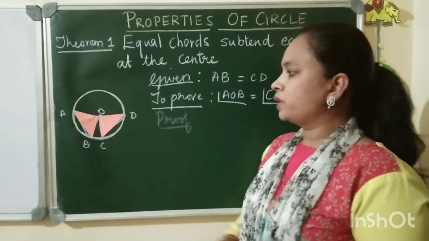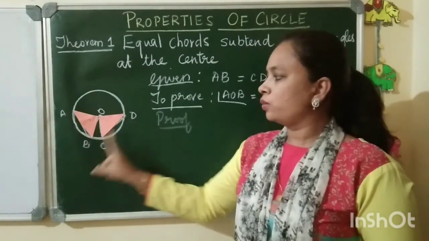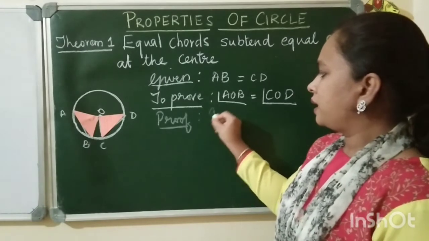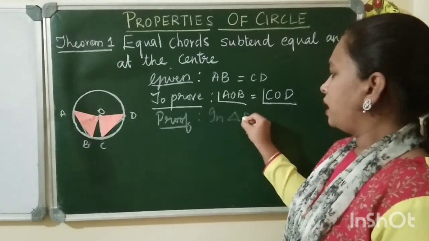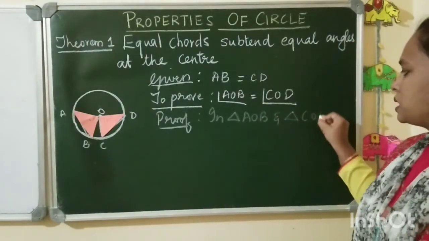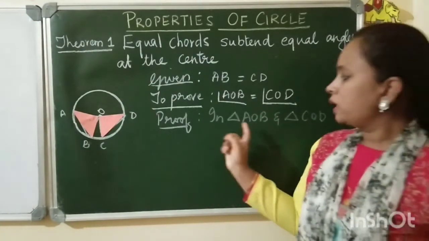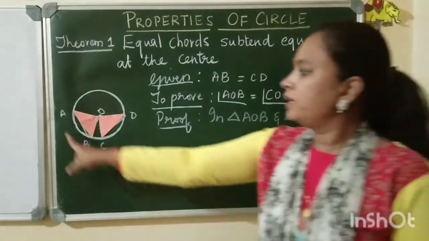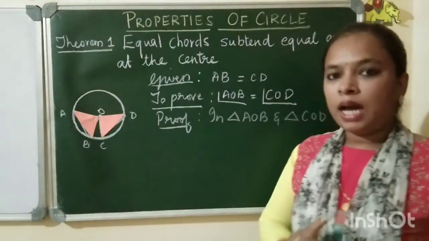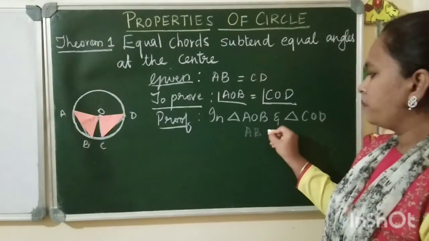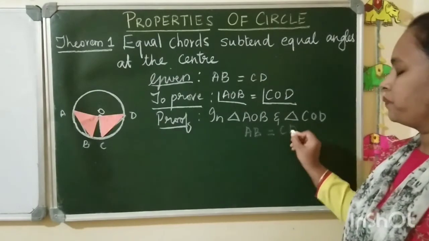Now we are going to compare triangle AOB and triangle COD. Write down: in triangle AOB and triangle COD. So, in these two triangles, already they have mentioned that AB and CD are equal. So, we will write down that AB is equal to CD.